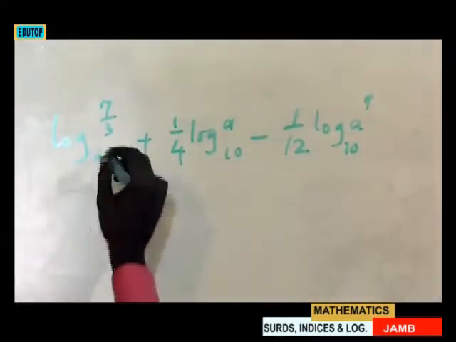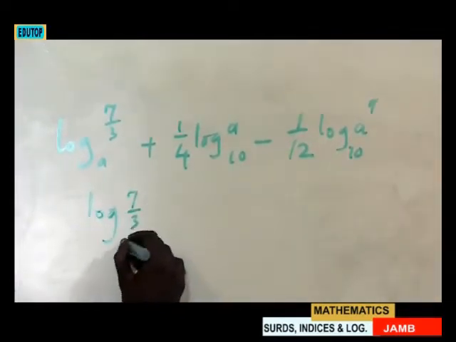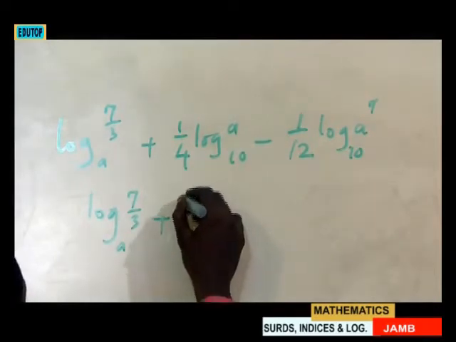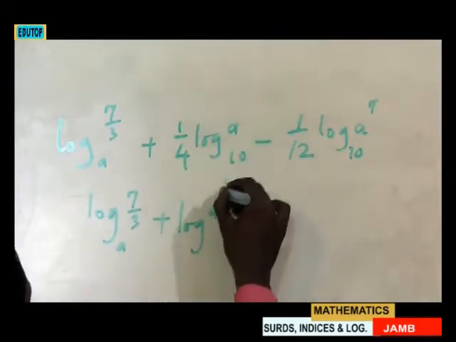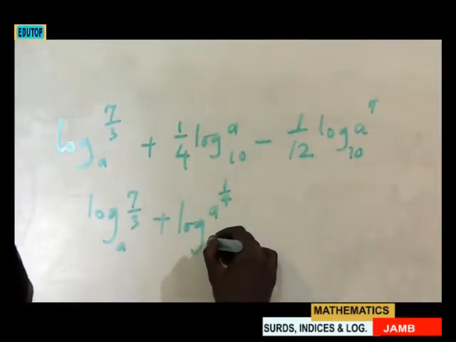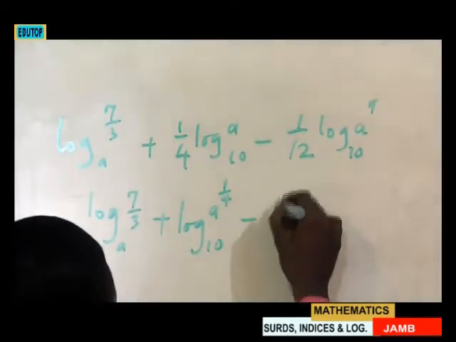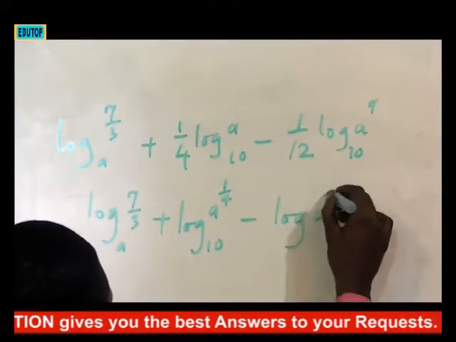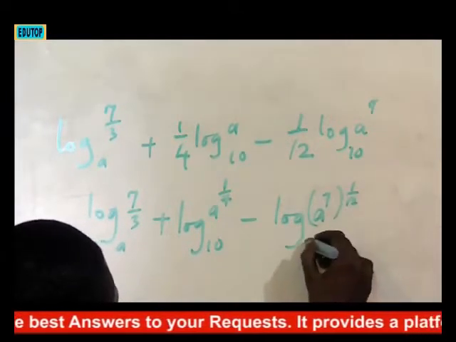Now to simplify this, one remains log 7 over 3 base A plus, this one now will be log A, this one comes here, becomes 1 over 4 base 10 minus, this one goes also over A into 1 over 12, then base 10.